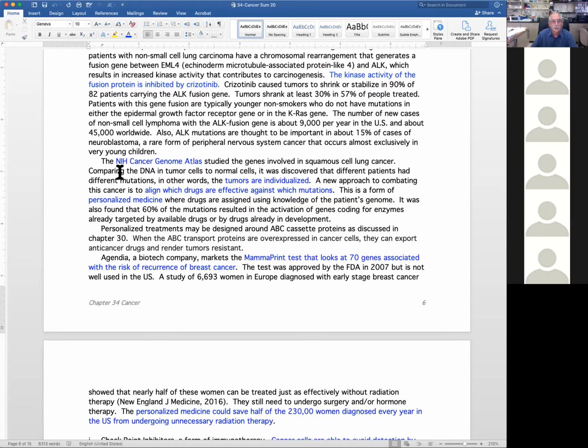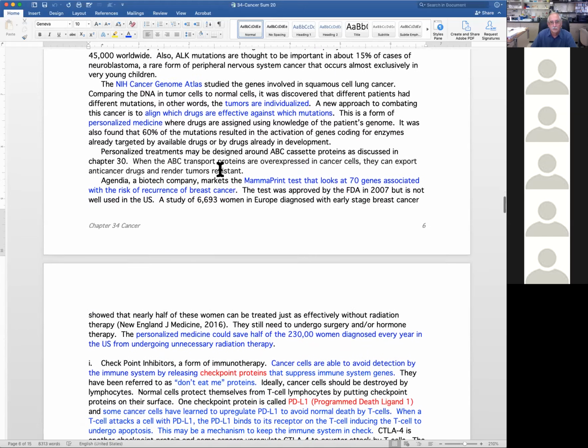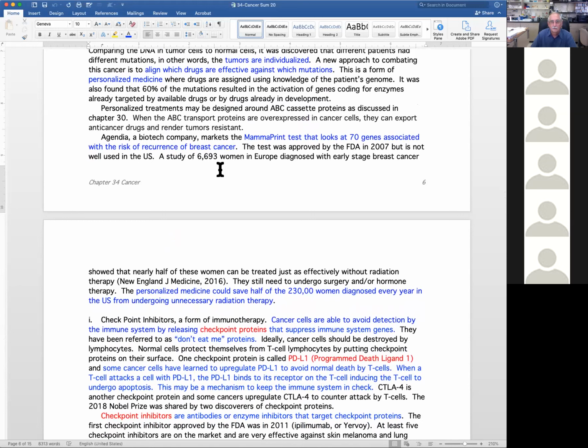That's why there's the Cancer Genome Atlas. And it basically individualizes tumors so that, oh, you get this kind of tumor, well, this drug should work on it, this drug might not work on it. So it's personalized medicine. There's another company that looks at 70 genes associated with the risk of recurrence of breast cancer. There's all kinds of stuff like this going on.